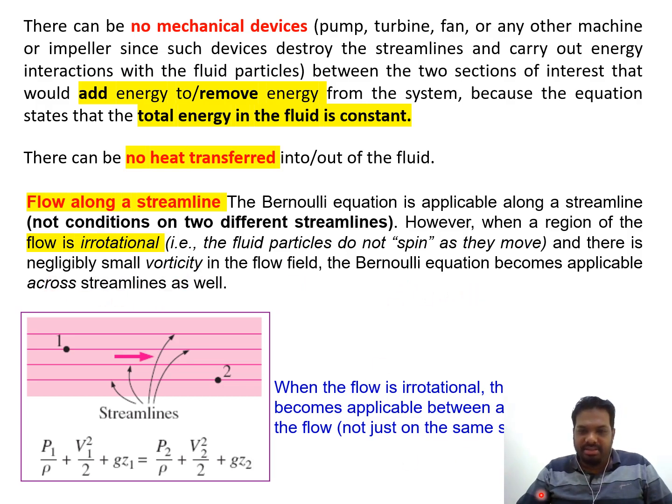So you can see here the flow is steady and irrotational, meaning it's not rotating; the fluid particles do not spin as they move. If something is rotating, that is actually a cause of turbulence, and then we cannot consider it. So this is Bernoulli's equation, and we will see how it is derived.